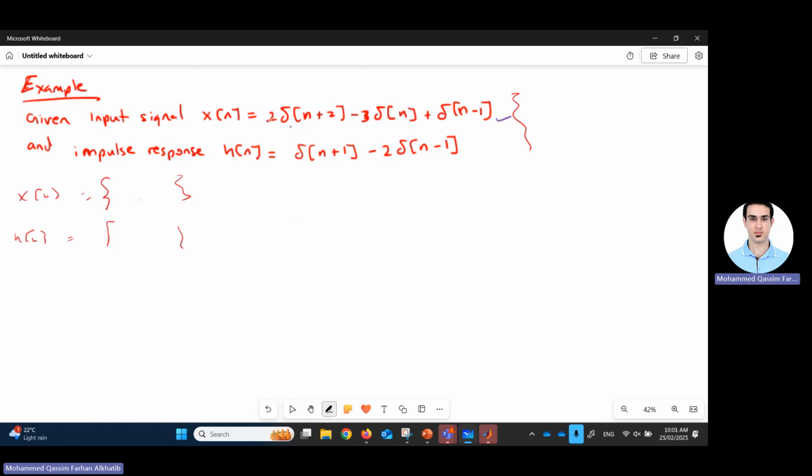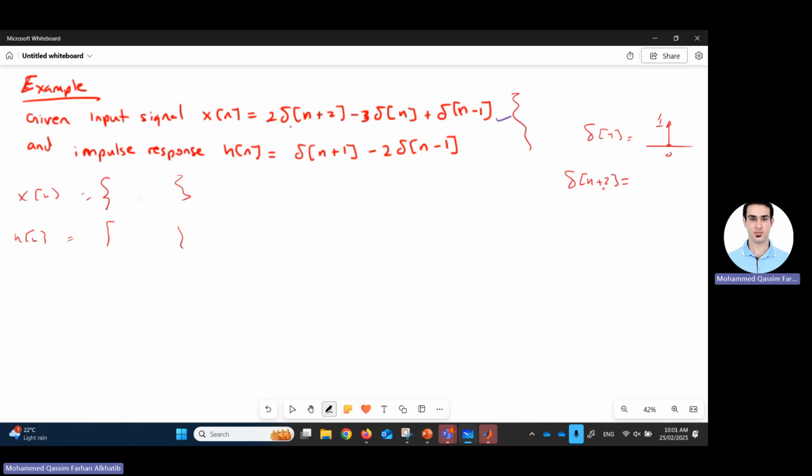Now, if you want to plot 2 delta of n plus 2, how are you going to do that? You know how to plot the delta, right? Delta of n is just a pulse at n equals 0 where the value is 1. Now, what about delta of n plus 2? Shift left or right? Left.